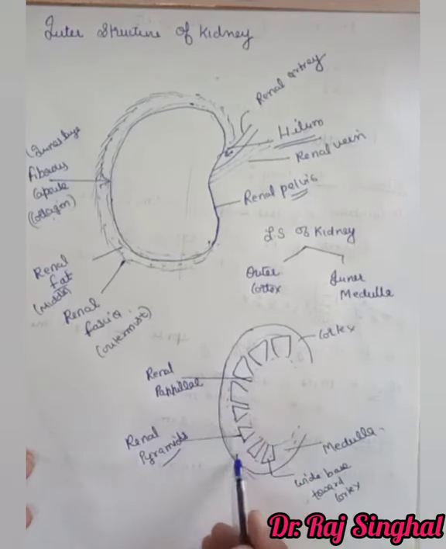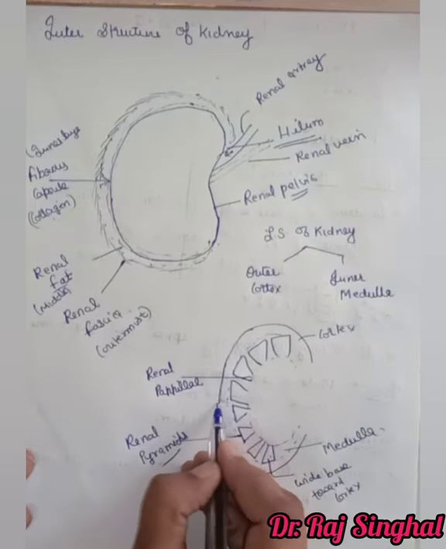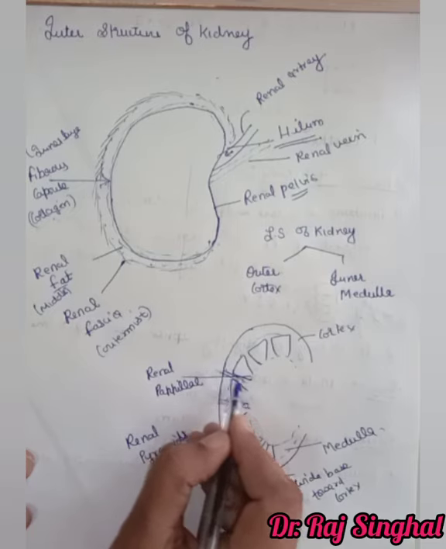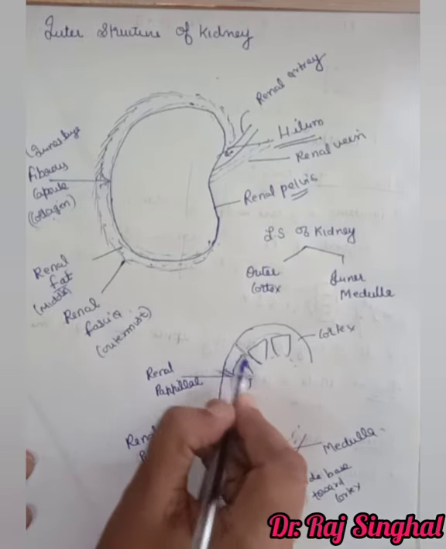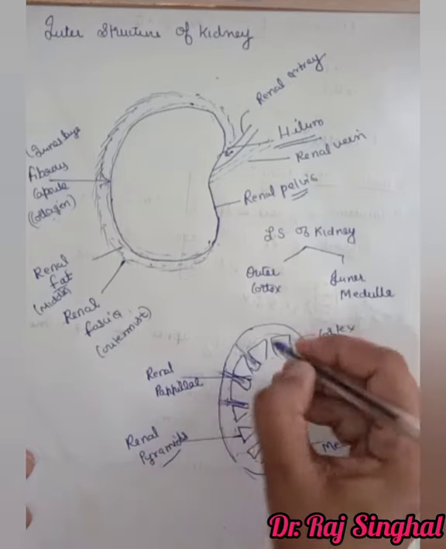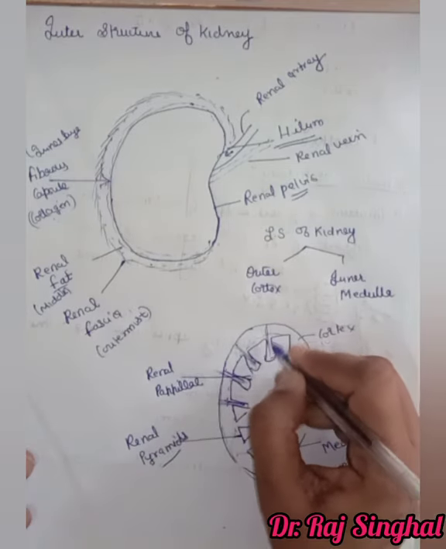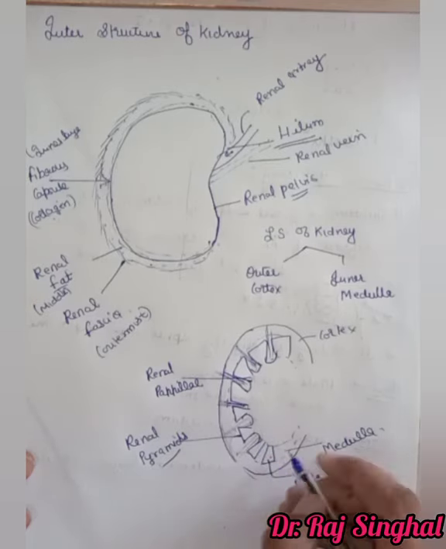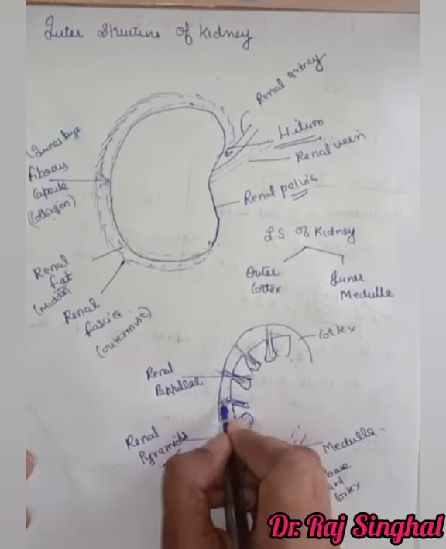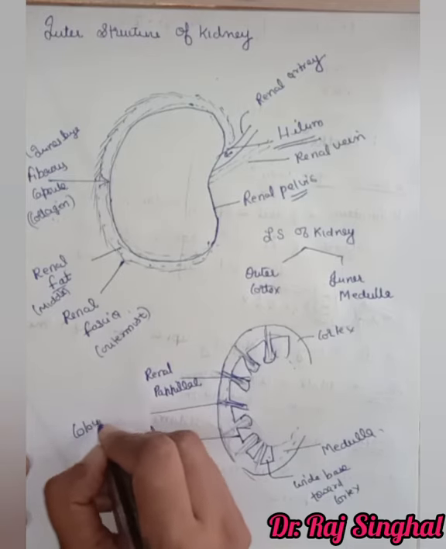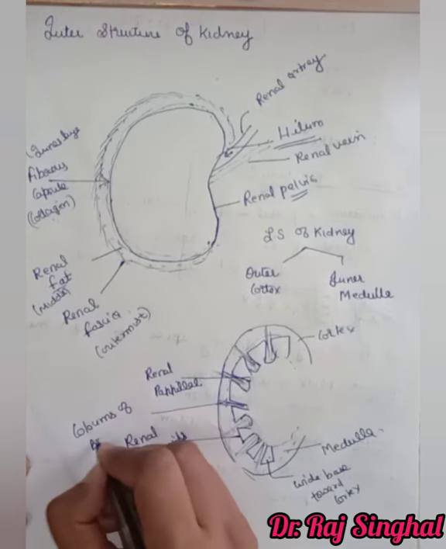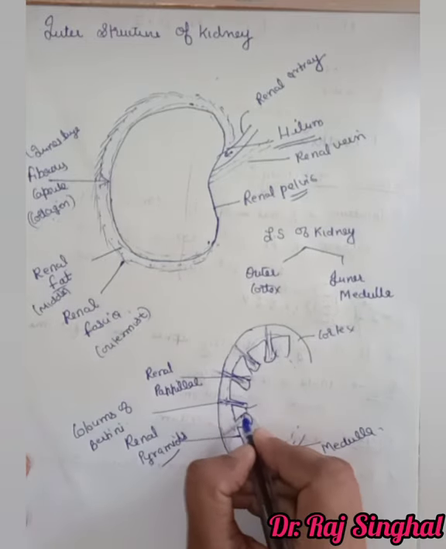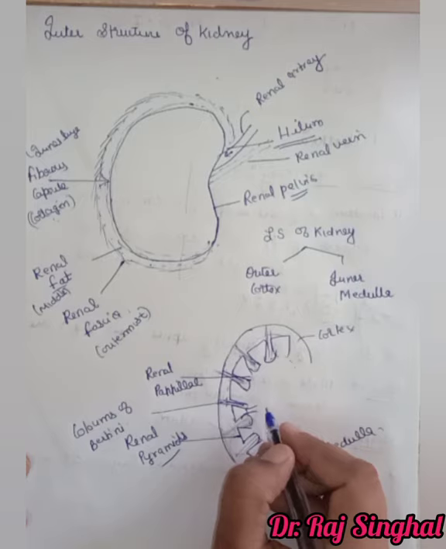When we see this structure, we find that this cortex layer is embedded in between these pyramids like this. Hence, they form a column-like structure, and these column-like structures are known as columns of Bertin. These renal papillae have a narrow opening.